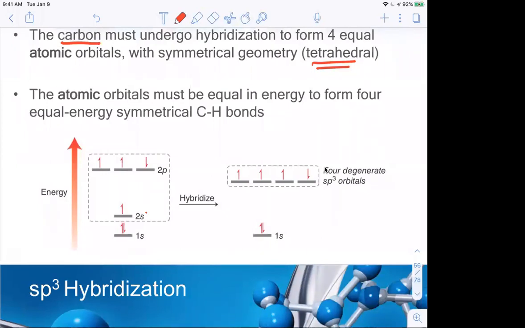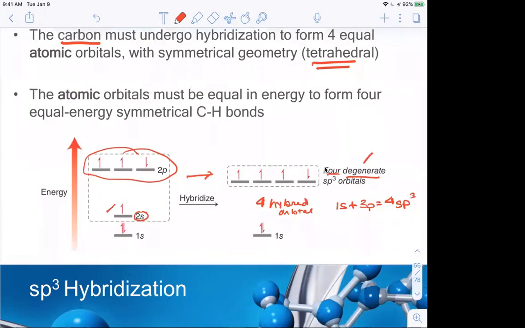Here's the 1s that I'm going to combine. I'm going to take the 1s and all 3 of the 2p's, and I'm going to hybridize. I get 4 hybrid orbitals, which is from the 1s plus the 3p's. That gives me 4 sp3. So I get 4 degenerate, which just means equal energy.